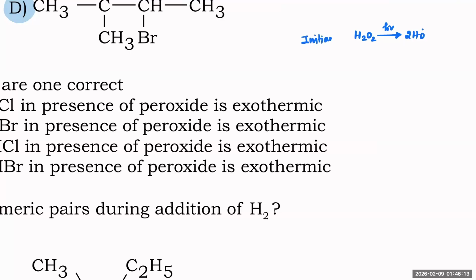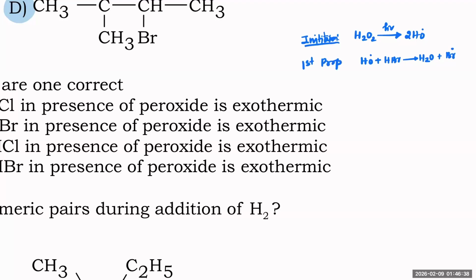Second, the HO dot which is present will react with HBr and convert into H2O plus Br dot. Now you can see one radical is generating the second radical. This is called the first propagation.